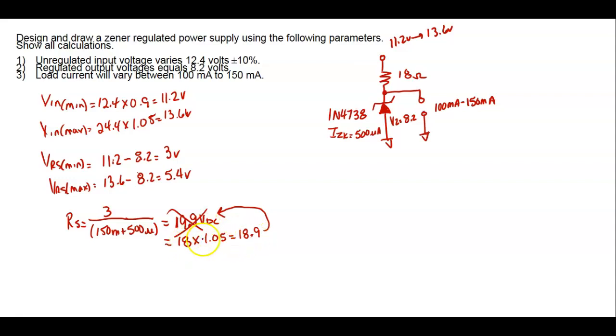Okay, so we're going to choose this guy right there. Now, no matter if I got one whose tolerance is actually 1% or whose tolerance is 5%, it's going to work. Okay, so the next thing we have to do is calculate the power, right? So we're going to come over here for PRS.